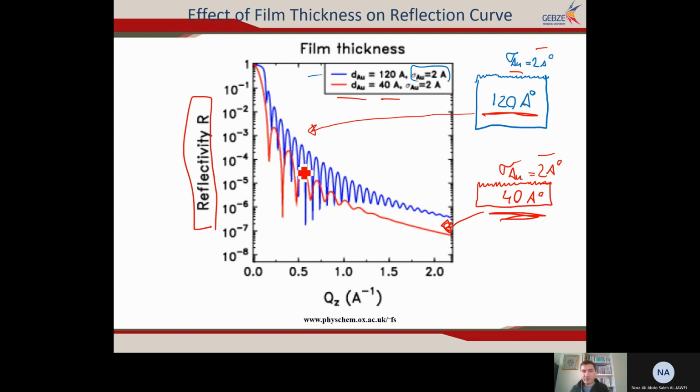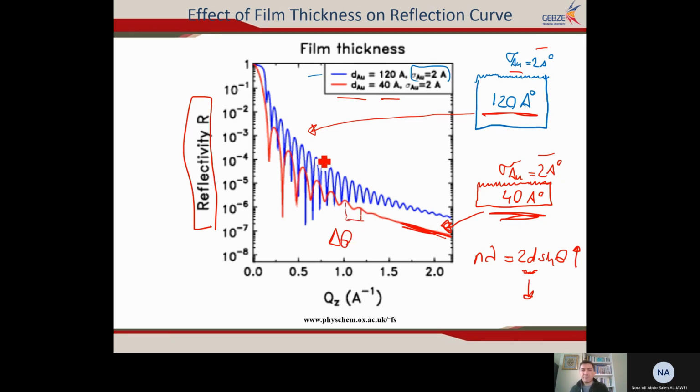The distance between the oscillations in the thinner film is bigger than in the thicker gold film. Why? Just remember Bragg's law, 2d sin theta. If this thickness of the film is smaller, then the delta theta between the oscillations will be bigger. So here we have a thinner film, then we have a bigger delta theta between the oscillations.